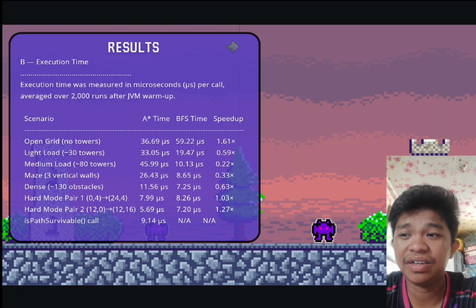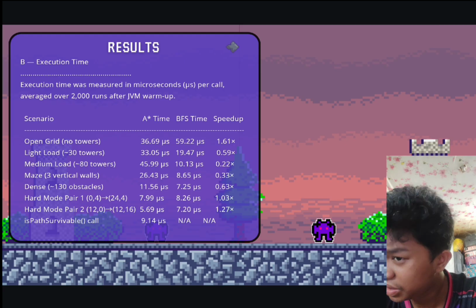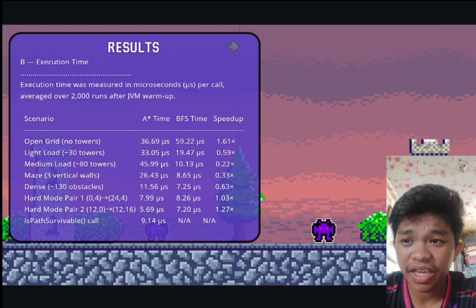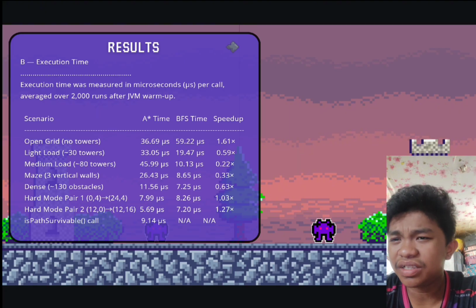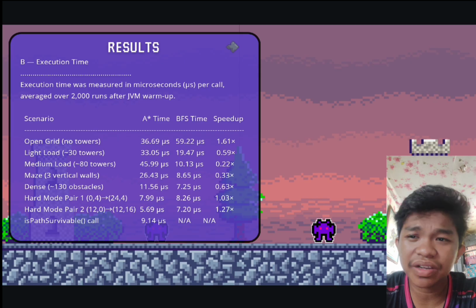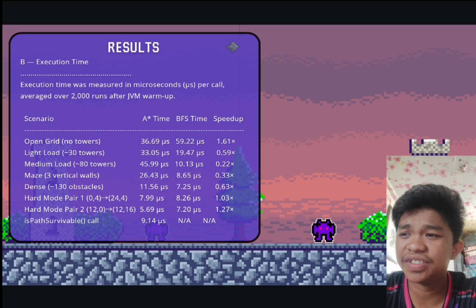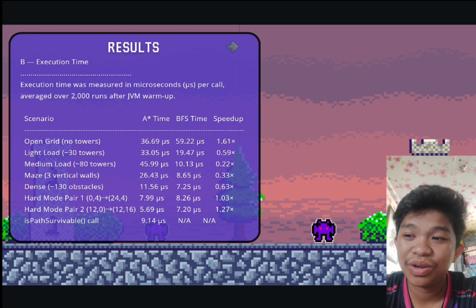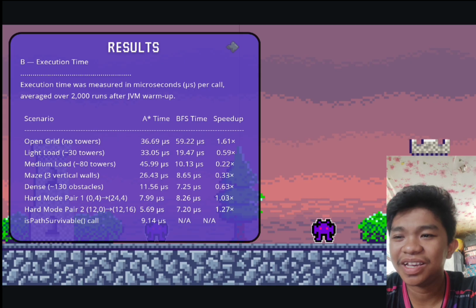Hard mode pair 1, 0 and 4 and 24 and 4. A-star time 7.99 microseconds. BFS time 8.26 microseconds. Speedup 1.03x. Hard mode pair 2, 12 and 0, 12 and 16.